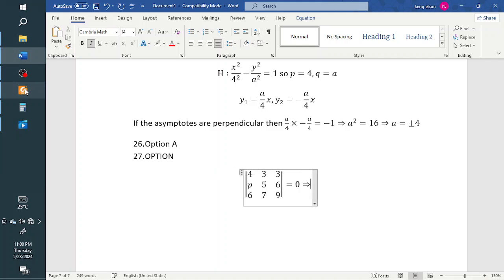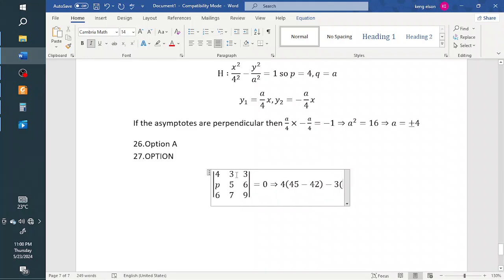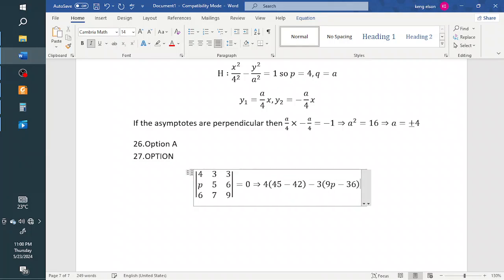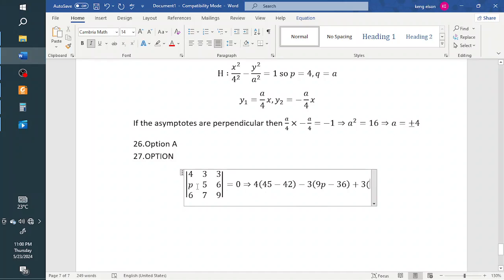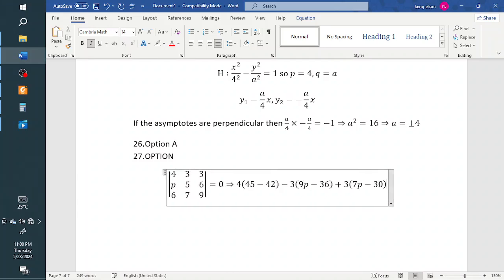If I keep 4 and cover its row and column, I have 45 minus, what is 7 times 6? 7 times 6 is 42. So I have 45 minus 42. When I cover 3, I get 9p minus 36. When I cover the next 3, with a positive sign, I get 7p minus 30. 7p minus 30 equal to 0.